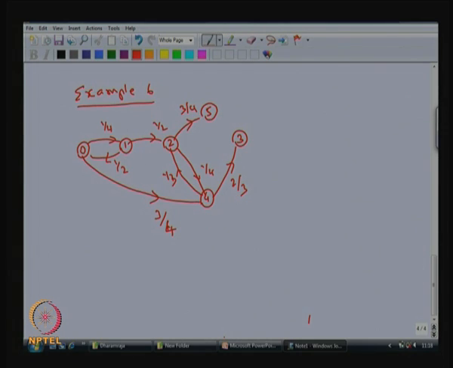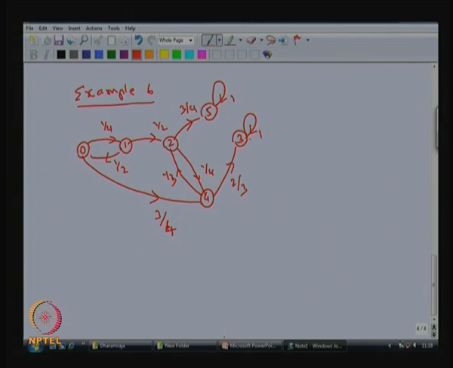Since there is no outgoing arc from states 5 and 3, you can make out the self loop has probability 1. So, now we can go for classifying these states.